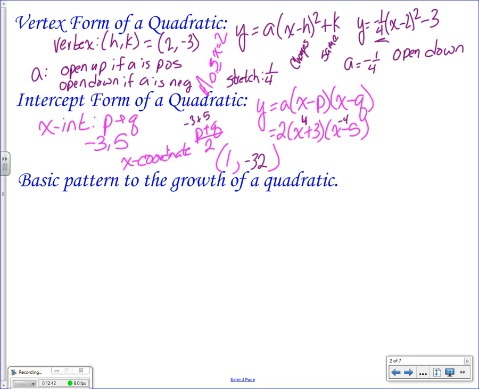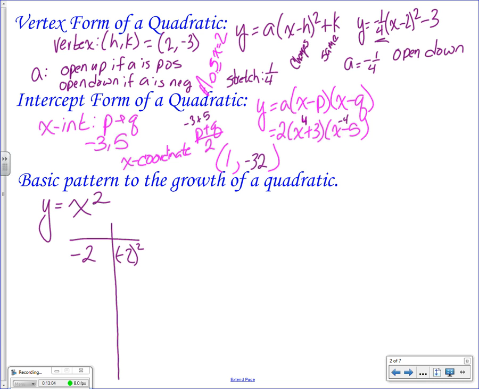So the basic pattern, I'm going to start with y equals x squared. That's my parent function for a quadratic. So let's just start with the table. If I have -2, that's -2 squared.